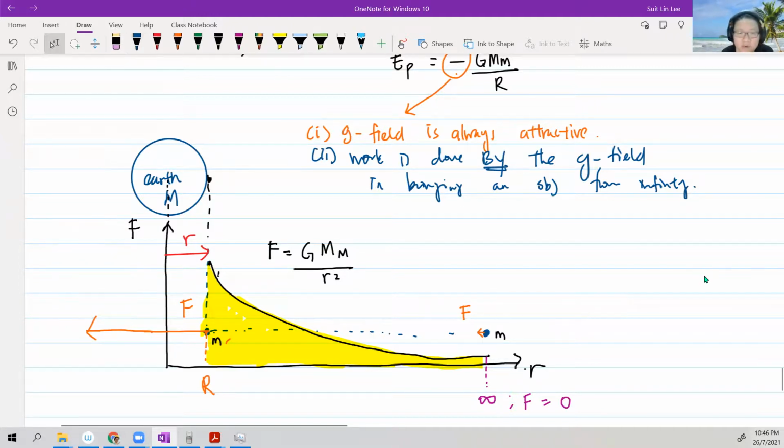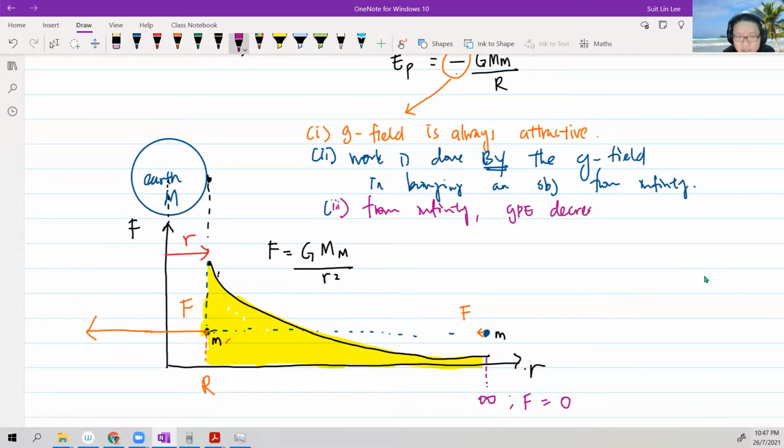So if work is done by the gravitational field, this means from infinity the gravitational potential energy decreases from 0. Hence, GPE is already 0 at infinity, so the GPE is always negative. Our good old gravitational field will always do the work for you.